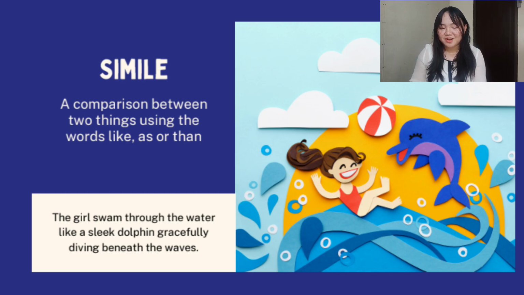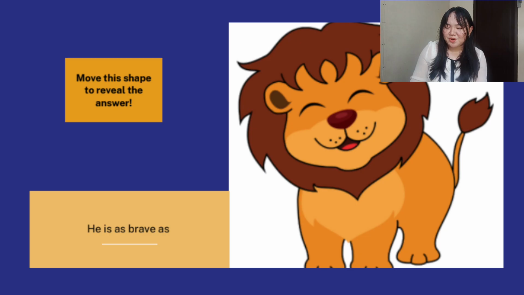So we have here a guessing game or the reveal board. What can you say about this? Yes, Miss Charmaine? He is as brave as a lion. Yes, correct. He is as brave as a lion. And what figurative language is being implied here?